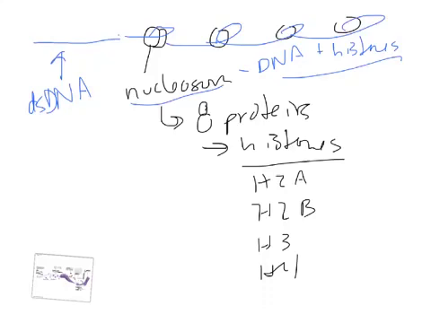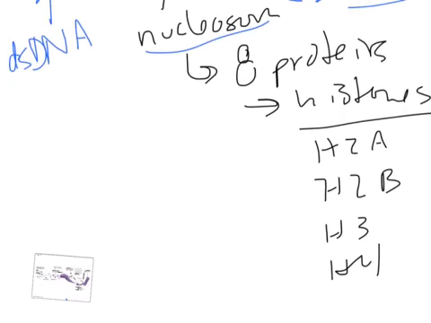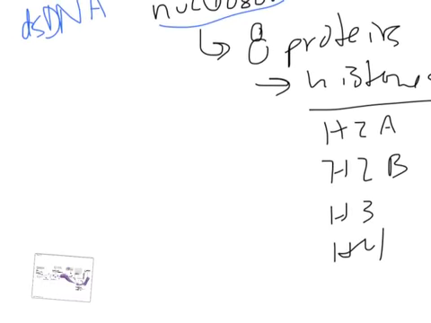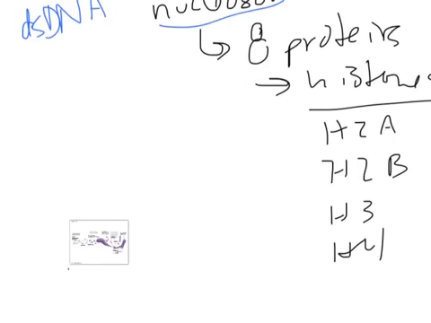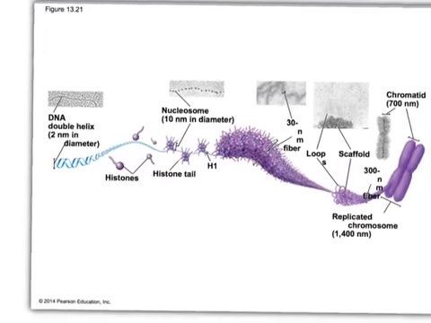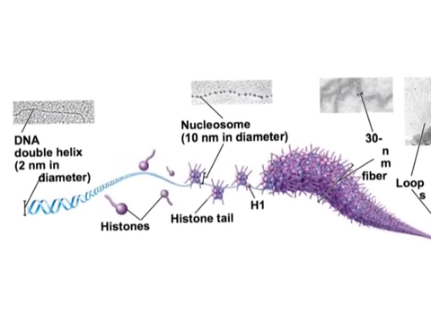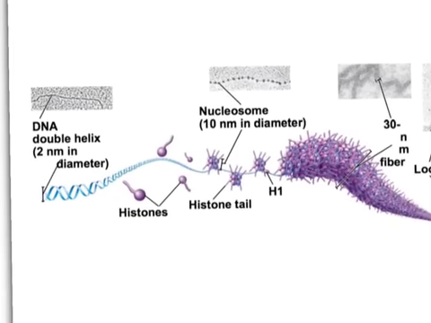Now, the next step, and I'll show it to you on here because it's a little clearer to see. Here are your histones. They're separate protein molecules that form a complex, and eventually the DNA wraps around it.